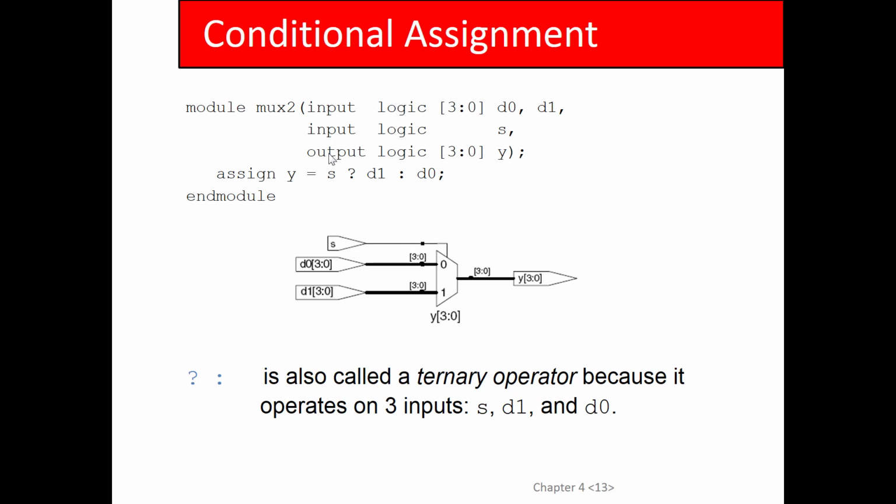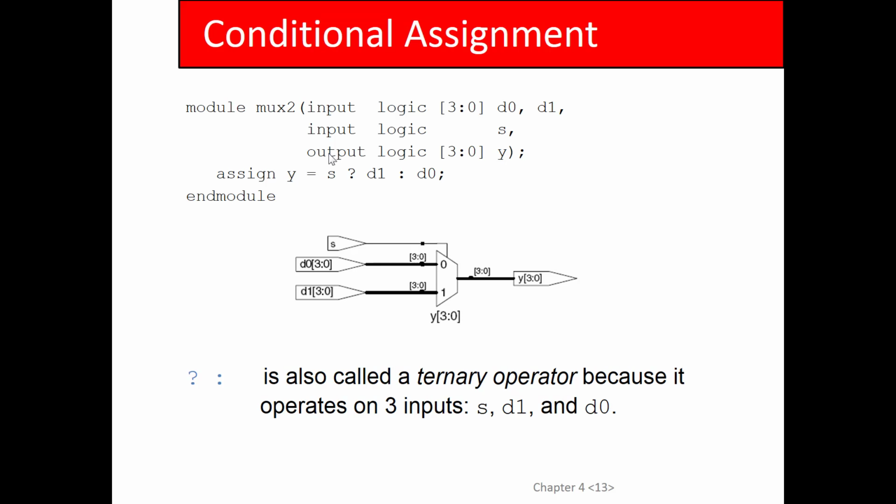But the idea is you have some condition, which could be any kind of conditional: A equals B, A less than B, whatever condition. Then you put a question mark after it.